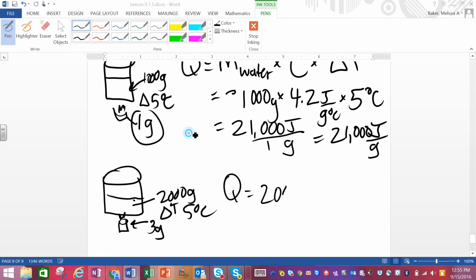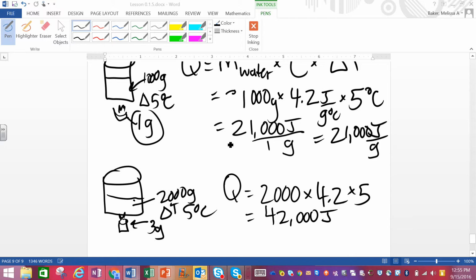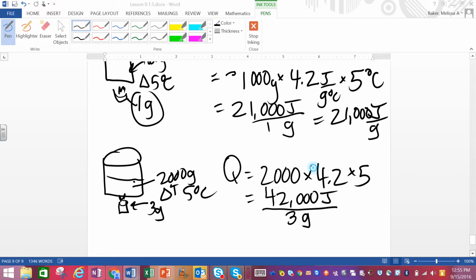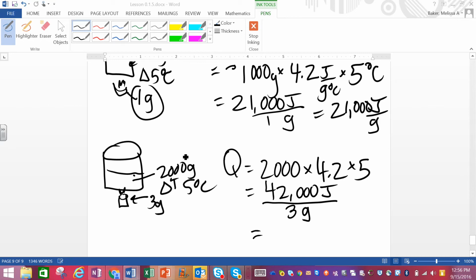Mass of the water, though, is 2,000 times the specific heat times the change in temperature. That comes out to be 42,000 joules was given after burning 3 grams. So 42,000 joules divided by the 3 grams comes out to be 14,000 joules per gram.